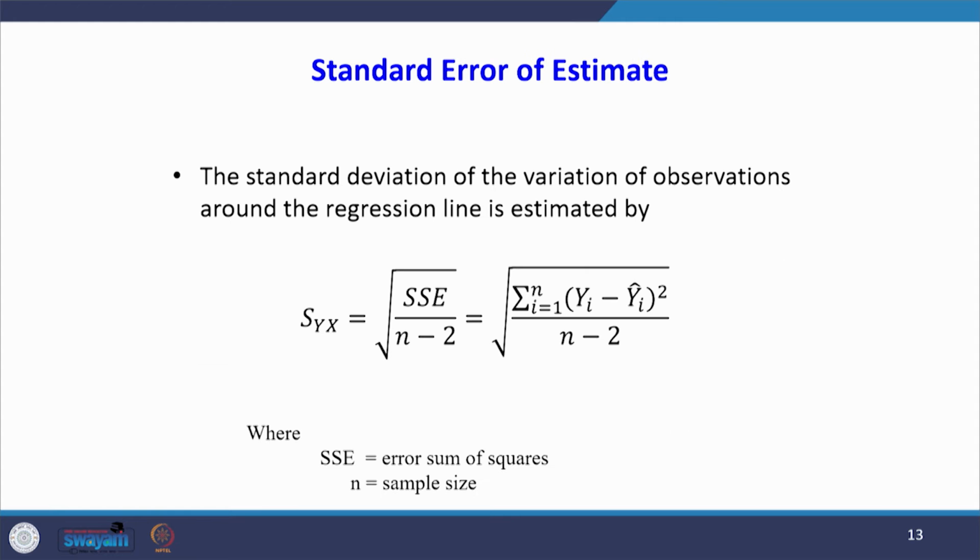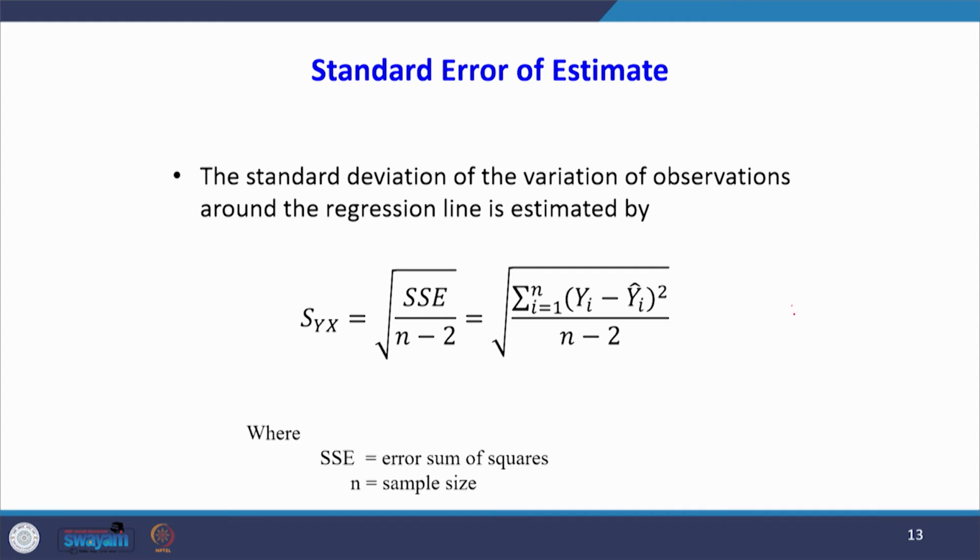Apart from the coefficient of determination, another way to test the goodness of the model, the accuracy of our model, is the standard error of the estimate. The standard deviation of the variation of observations around the regression line is estimated by the square root of SSE, the error sum of squares, divided by n minus 2. Why is it n minus 2?